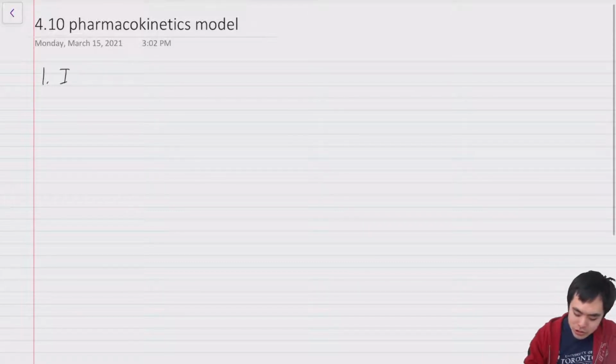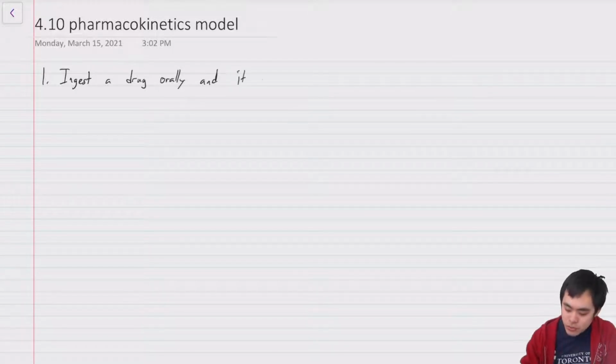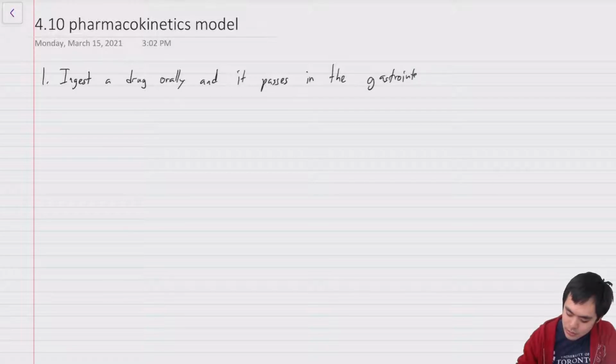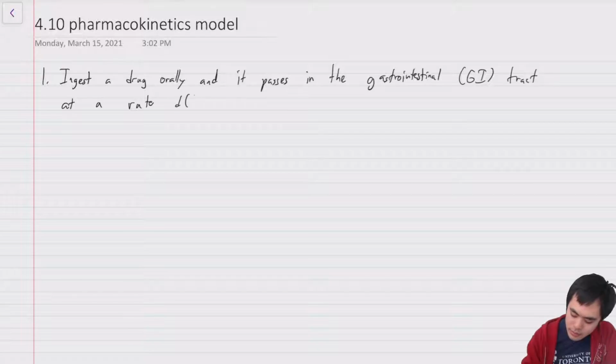So let's write out all those conditions. So we ingest a drug orally, and it passes into the GI tract, into the gastrointestinal tract, at some rate d of t.